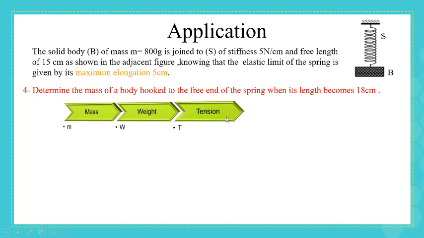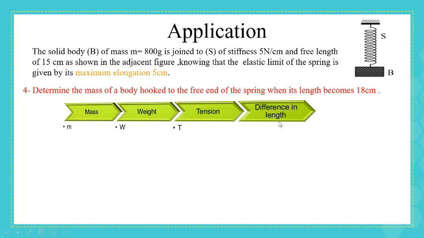Think about Hooke's law. Applying Hooke's law, that is K multiplied by the elongation. But also, the elongation is not given. They gave you only the length of this spring. So you must find the difference in length.